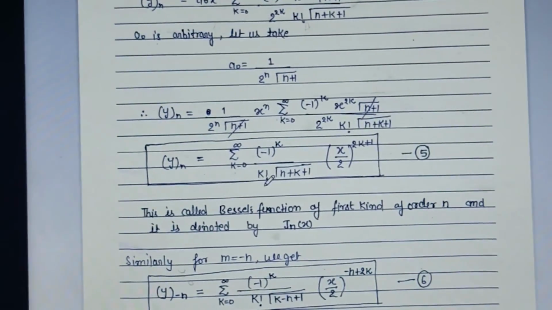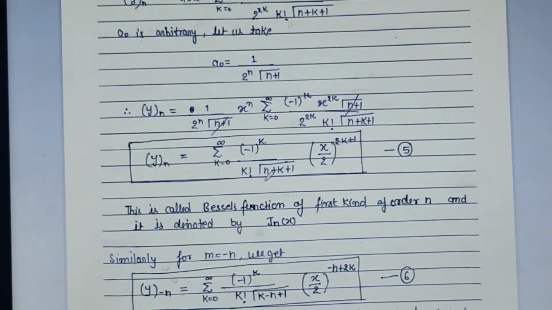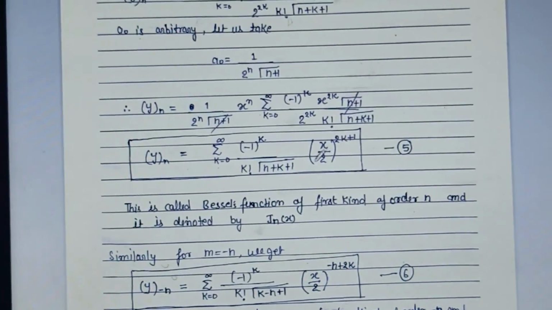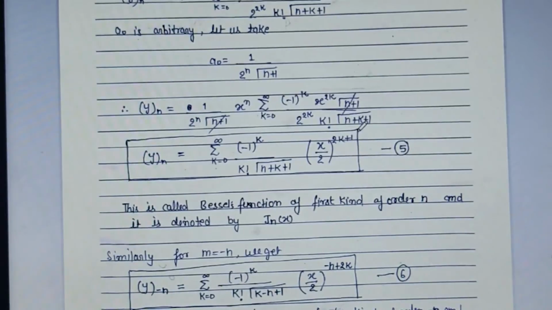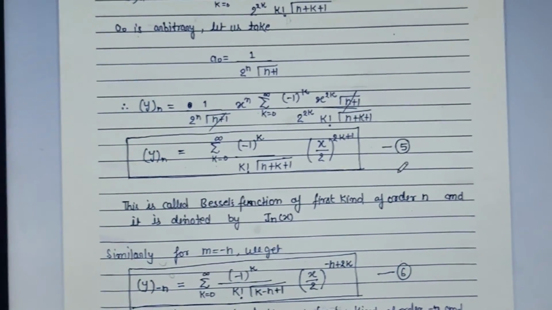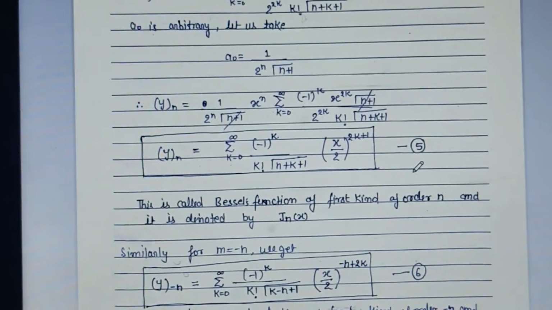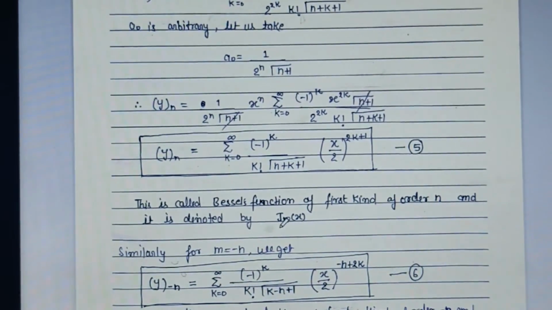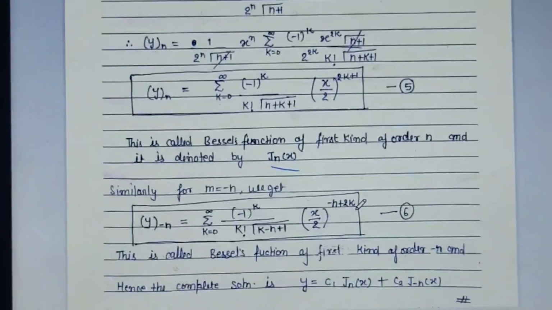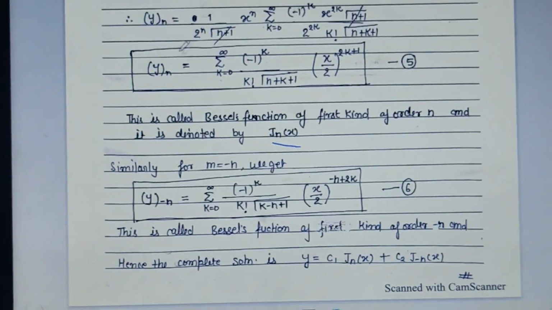It comes out to be the summation of k = 0 to infinity of (-1)^k divided by k! gamma of n plus k plus 1 times (x/2)^(2k+n). This will be your fifth equation. This is nothing but the Bessel function of the first kind of order n, and it is also given by J_n(x).